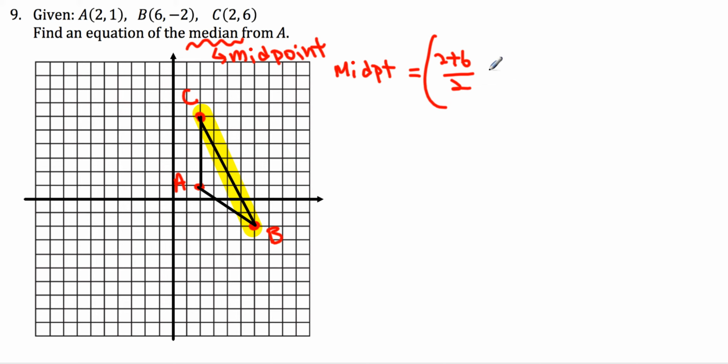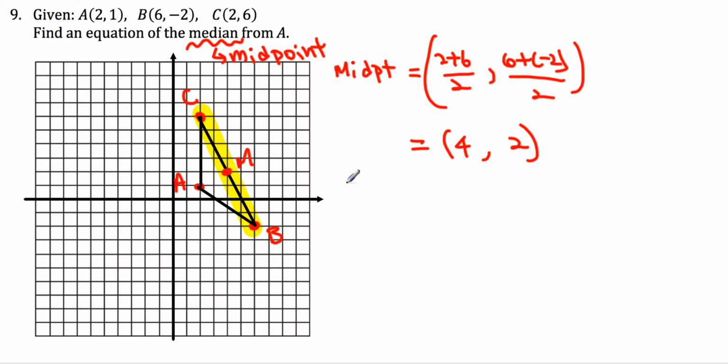So add up the x values, add up the y values, negative 2 and then 6. I'm just going to write that, 6 plus negative 2 divided by 2. So then here we end up getting 4 for the x value, and for the y value we get 2. So 4 comma 2. There it goes, that's the midpoint.